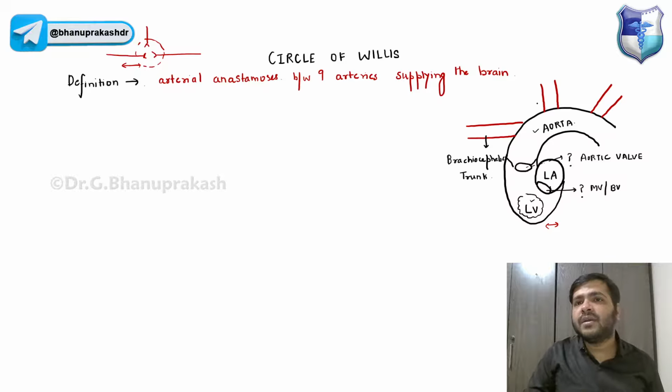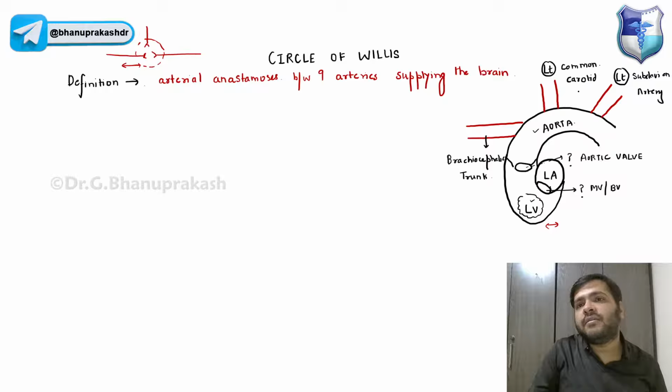Then on the left side we have the left subclavian artery. Then we have the left common carotid artery. We have these three branches, guys, which come directly from the aorta.